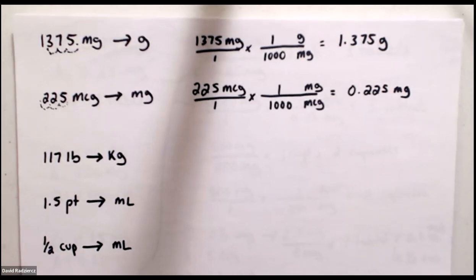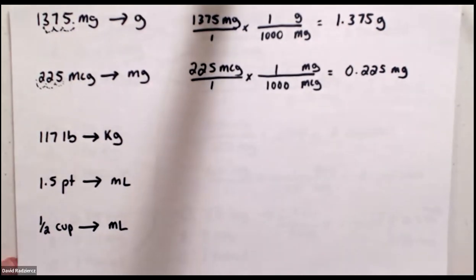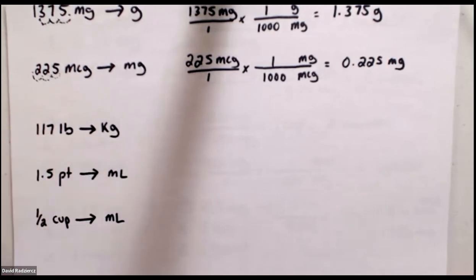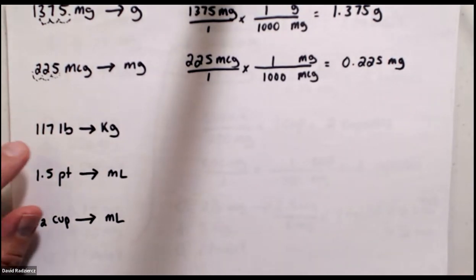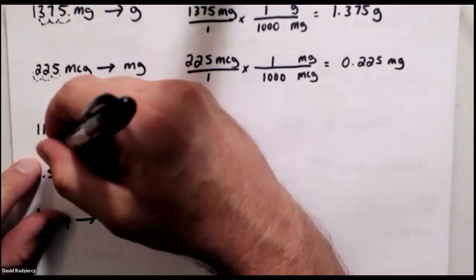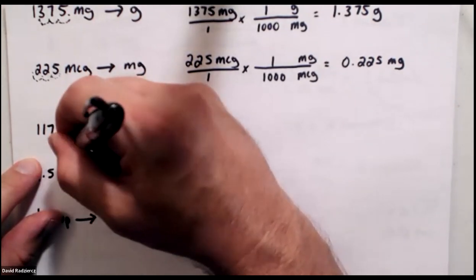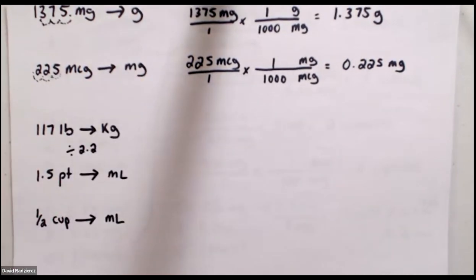Okay. Now let me show you a situation where you might round. When you go from pounds to kilograms, the easiest thing to keep in mind is just to divide by 2.2. Okay, that's what that is. If you were going from kilograms to pounds, you would multiply by 2.2. But from the standpoint of nursing and other healthcare related fields, you're going to convert the patient's weight from pounds to kilograms.